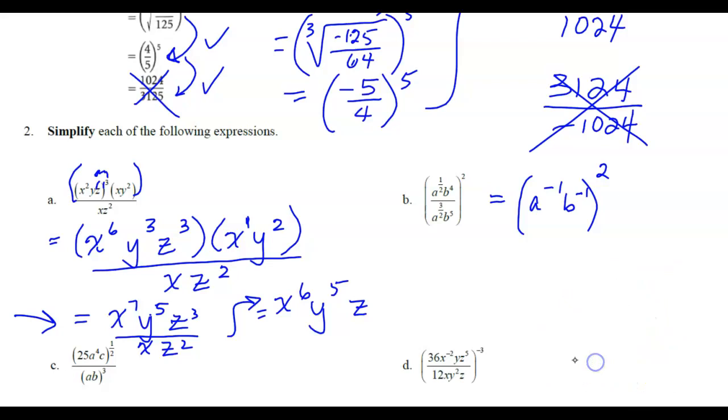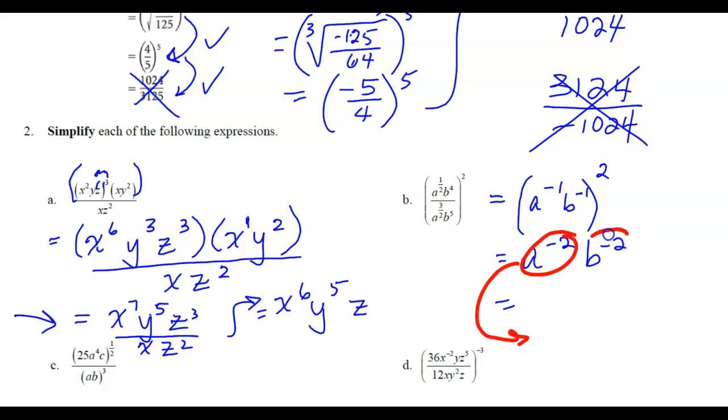You could convert them to positive exponents right now, or I'm going to square everything. Now I have to represent with positive exponents. So both factors have negative exponents. So this has to go in the denominator and this has to go in the denominator.